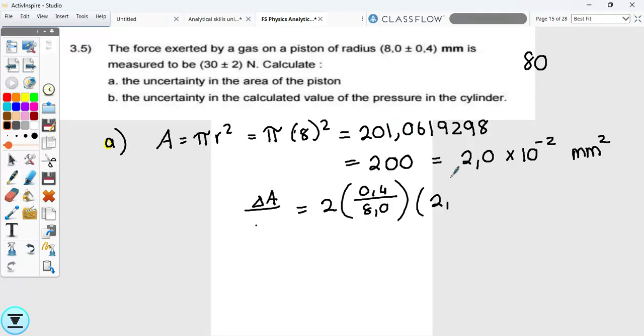Now, if you kept that in your calculator, that is absolutely fine. And if you even write it in the exam and write that 201.0619, keep some decimal places there, it's also absolutely fine. And then you use that to calculate your uncertainty in A, absolute uncertainty in A. Tell me what you're getting.